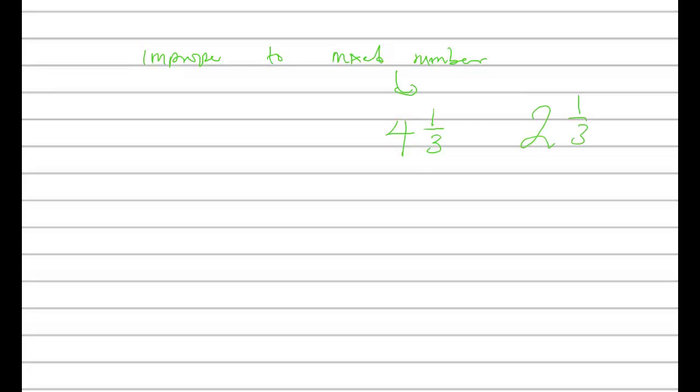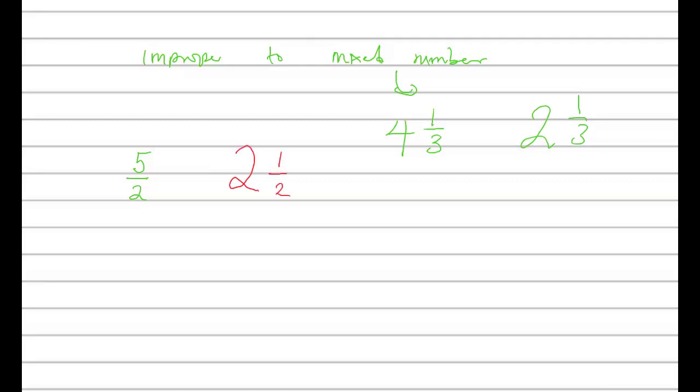If you have 5/2 and it asks you to change this 5/2 to a mixed number, this is what you have to do. You do 5 divided by 2. How many times does 2 go into 5? It's going to be 2. What's the remainder? 1/2.